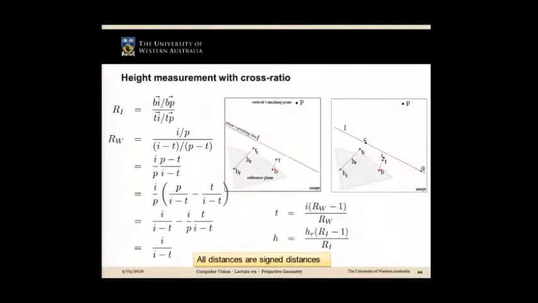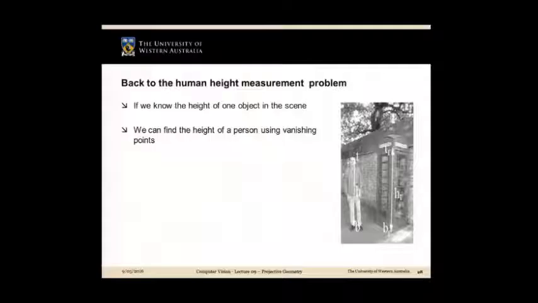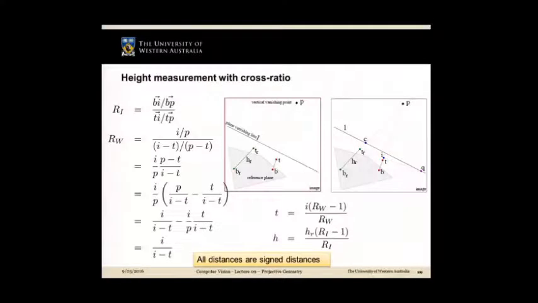If you join these points and extend them, then you project the top of the reference object onto the other parallel line. So TR, projected on the parallel line, will appear as point I, right? Then you join BR with B and TR with T, and you get two parallel lines. If you extend those and take the cross product of those two lines, what will you get? Point Q, right?